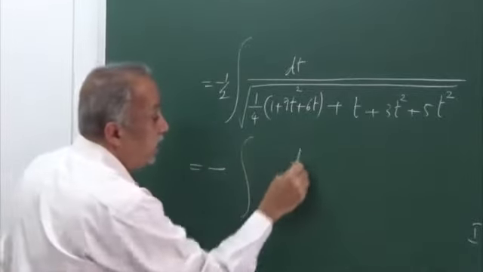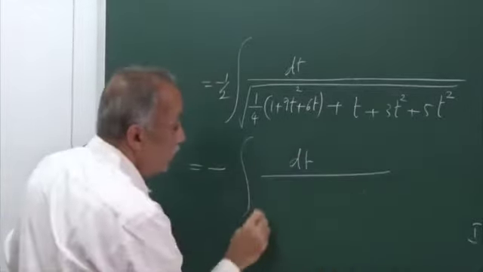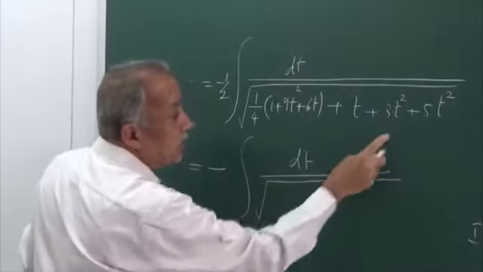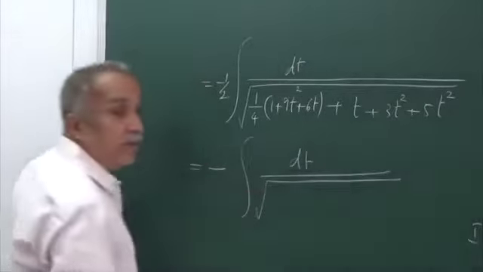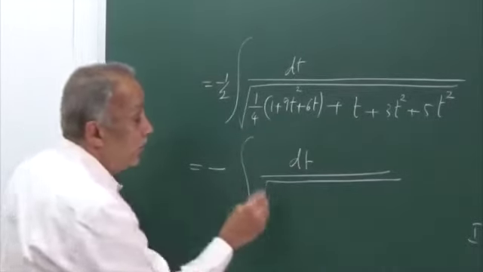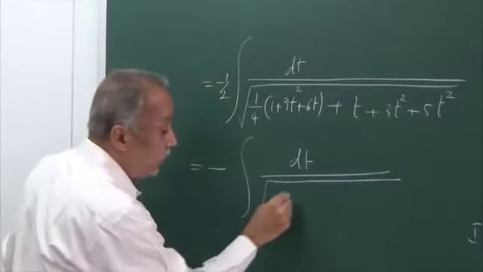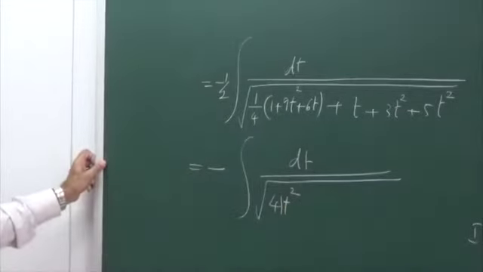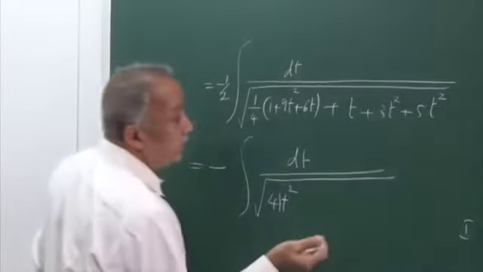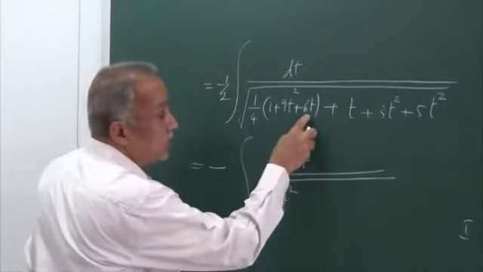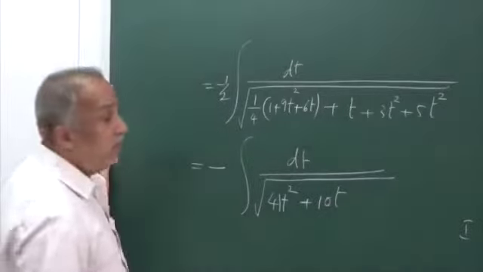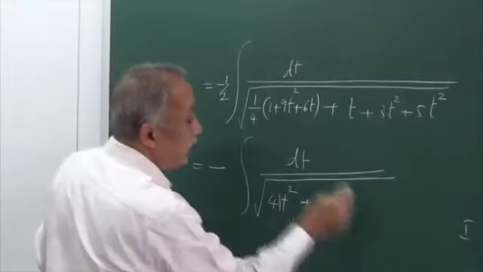Integral dx by root of 9t square plus 12t square plus 20t square. Is it 41t square? 9 plus 12 plus 20, then 6t plus 4t, then constant term, only term is 1.